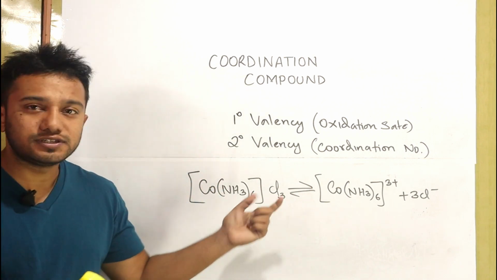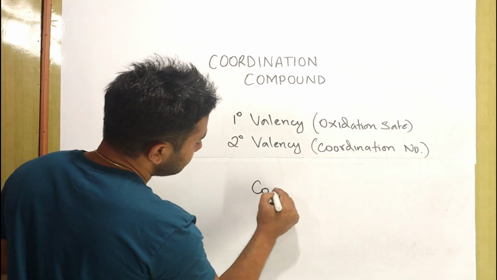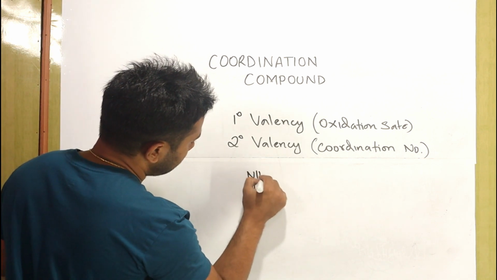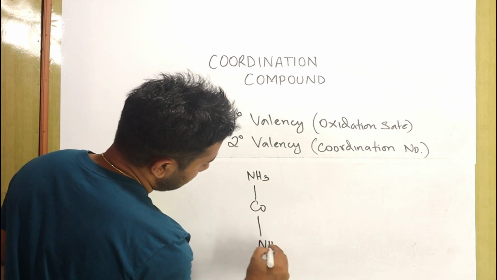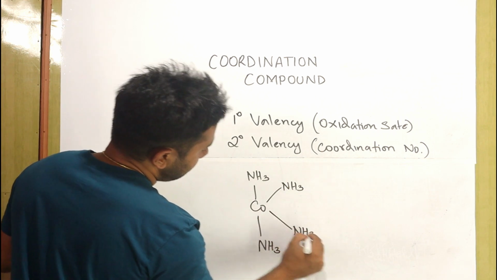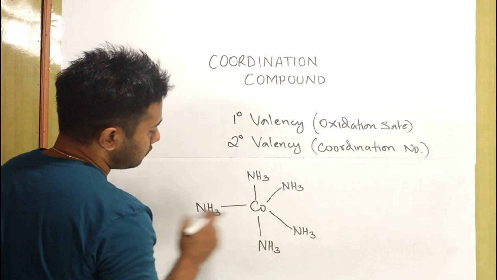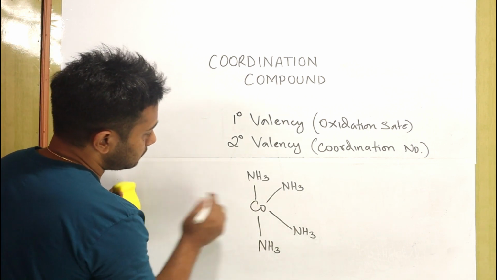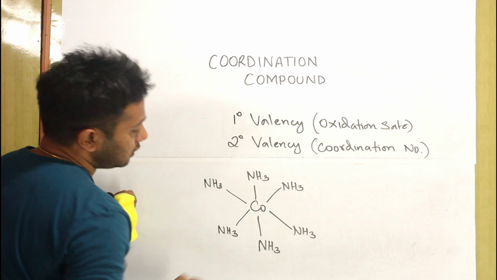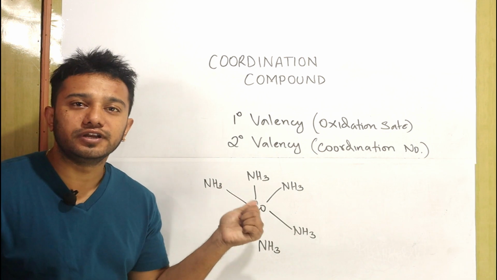And also if I draw the structure of this compound, we shall have, out here, these dark lines are the representation of coordination number.